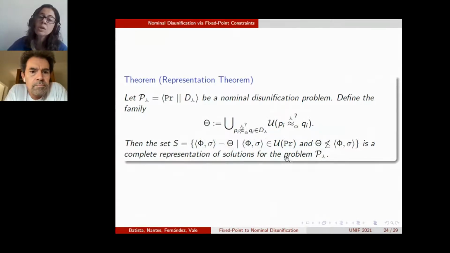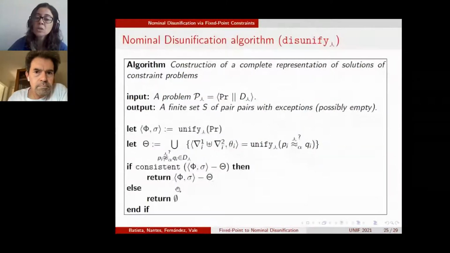If so, this pair with exceptions is a solution, or else it's not consistent and you don't have a solution, okay? The algorithm is the same as the one for first order disunification.